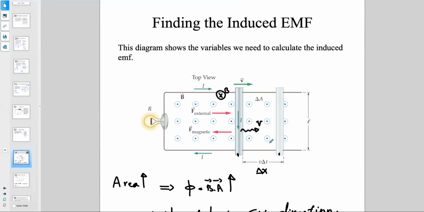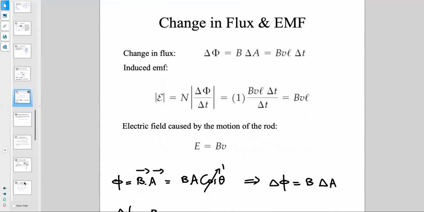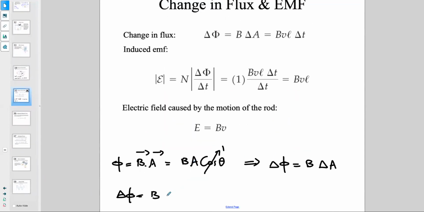And delta A is this area, so one side times the other, which means L times delta x. So delta phi is B L delta x, and delta x was v delta t, right?